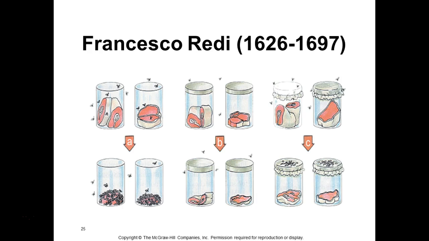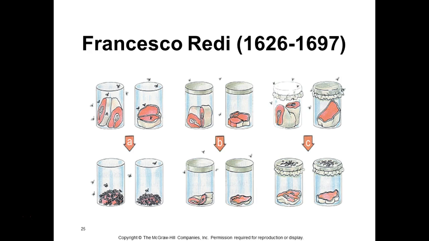So, Francesco Redi did a pretty simple experiment where he took meat and put it in jars. One set of jars he left exposed to the air and the elements. So flies came by. They laid their eggs.